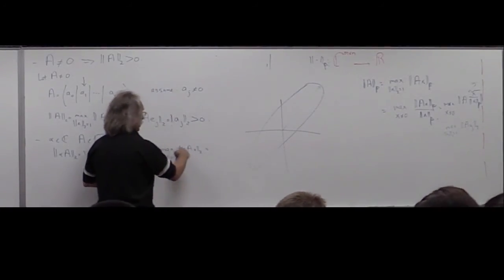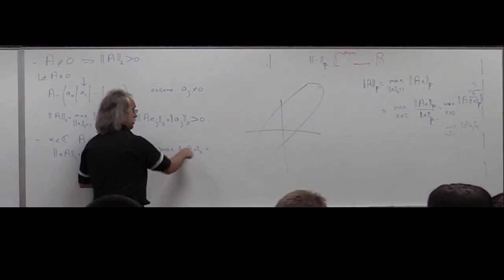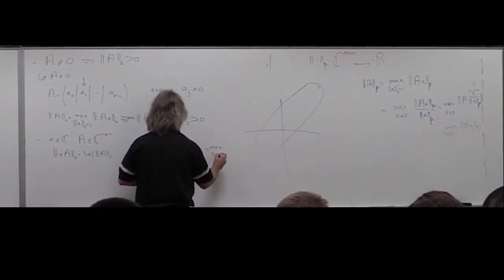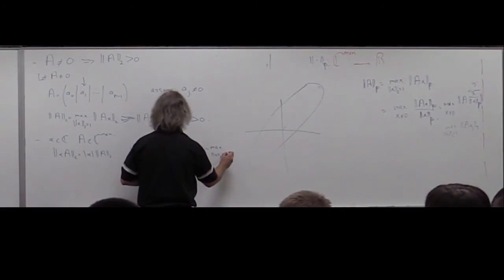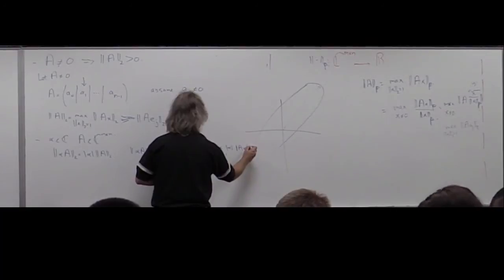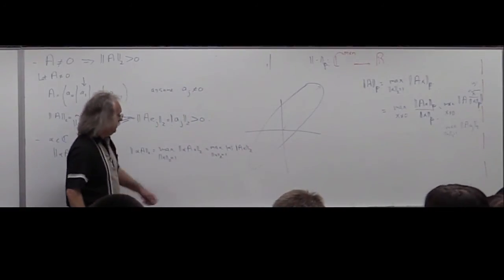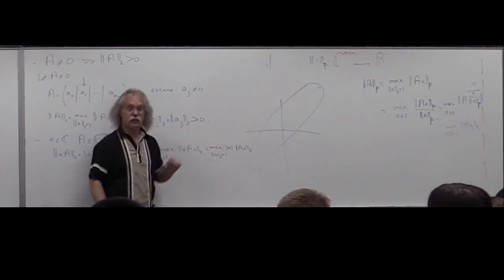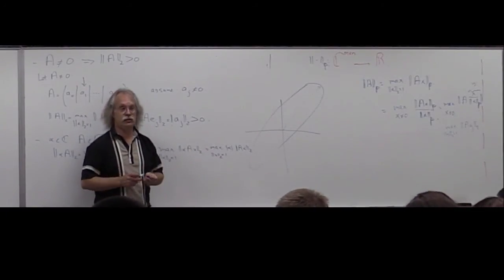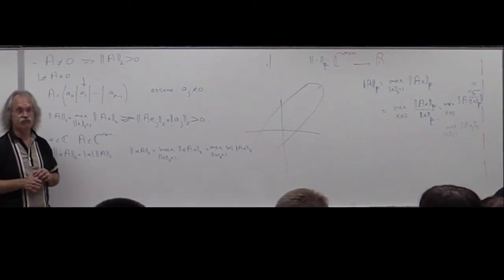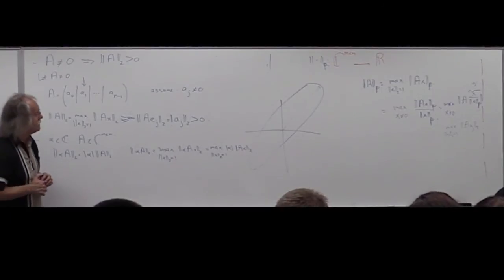Well, there you know that you can bring this out because this is a vector 2 norm. And then you know you can bring that out here, and then you recognize that what's left is just the definition of the matrix 2 norm of A. All right? So that goes okay.